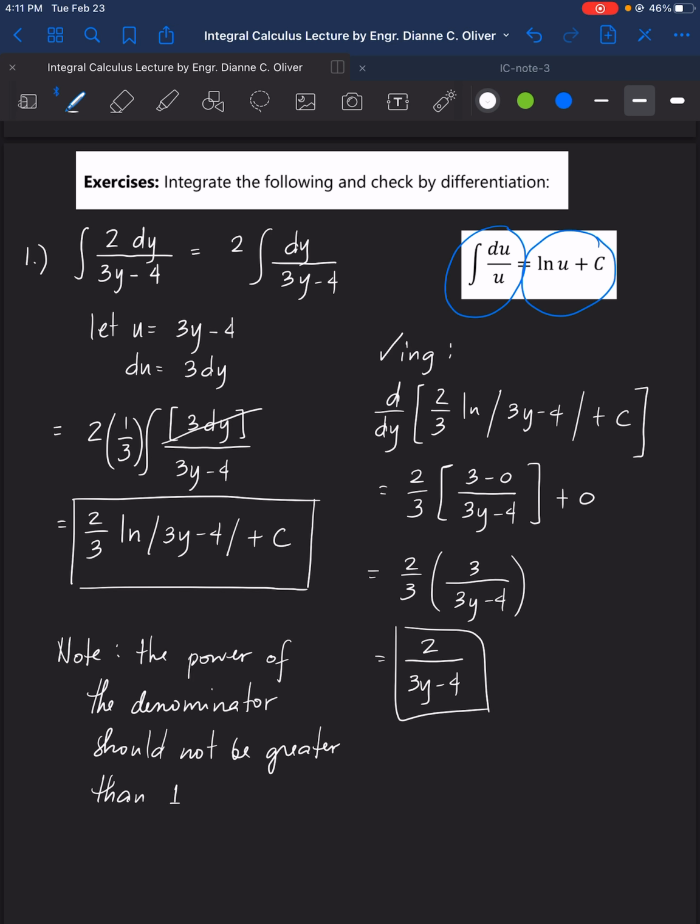Or that for us to use this logarithmic function, the power of the denominator should be 1. Okay? You can reword that. Power of the denominator should be 1. So that is for the example number 1.